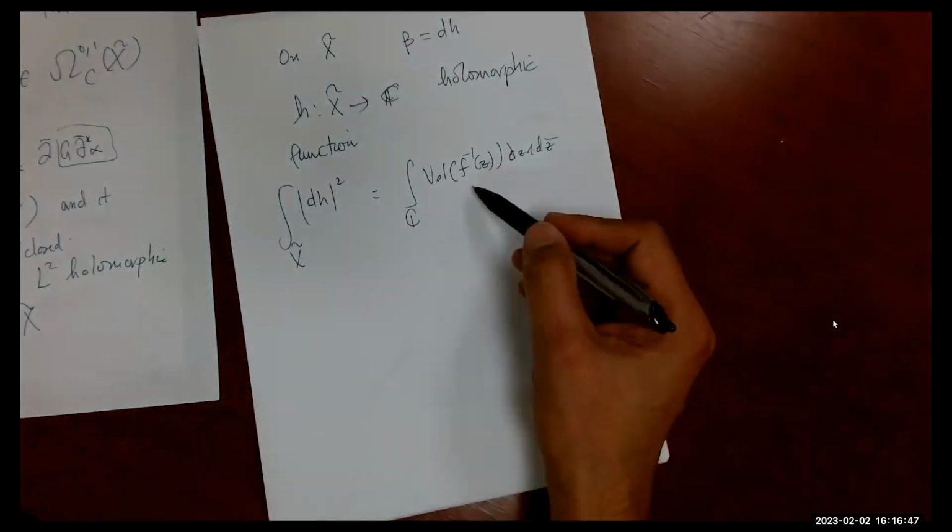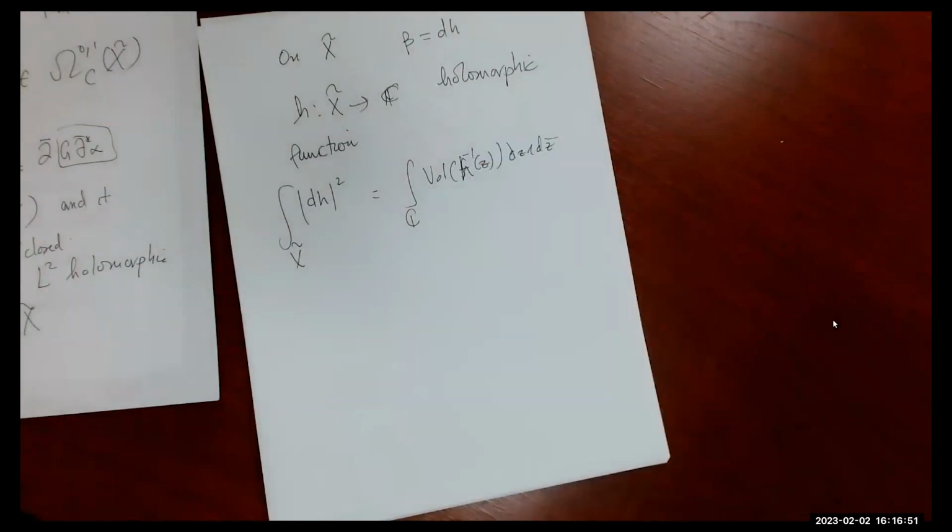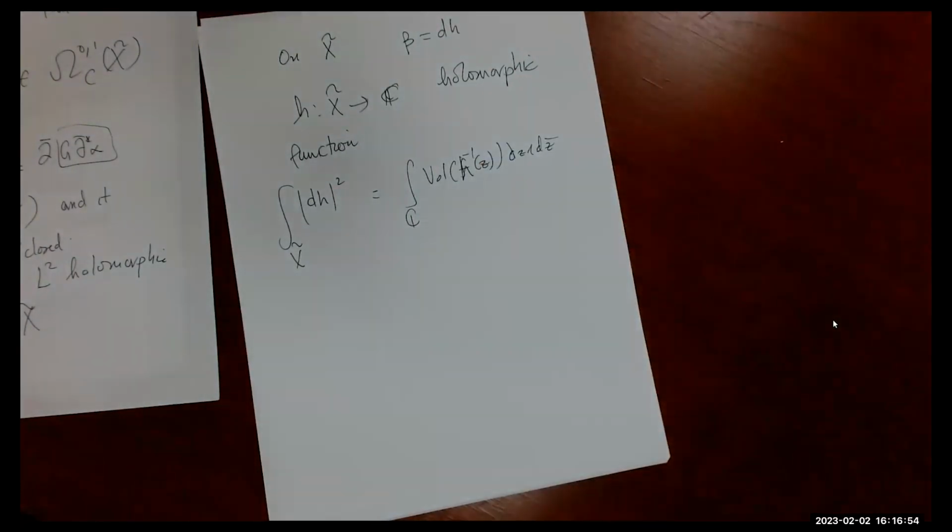So Gromov's point is that almost all fibers have to have finite volume.